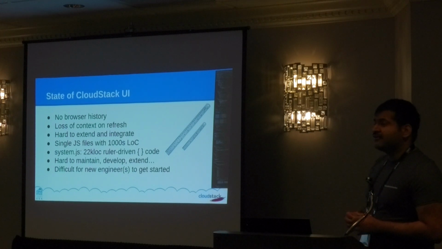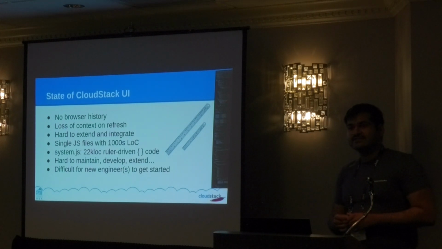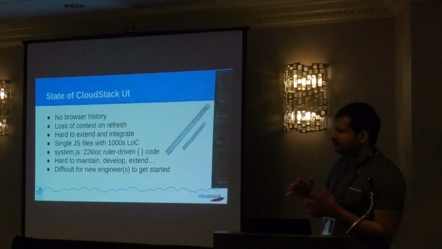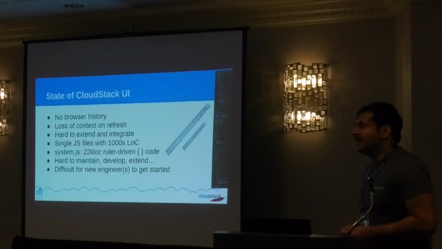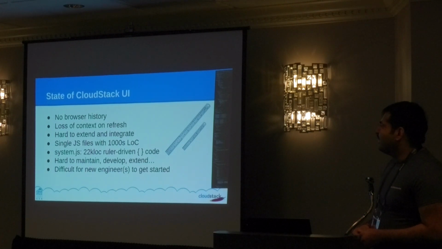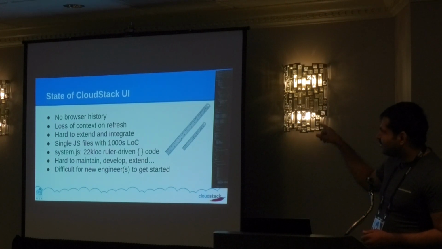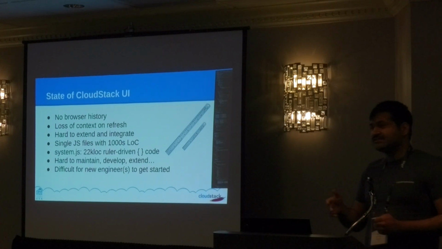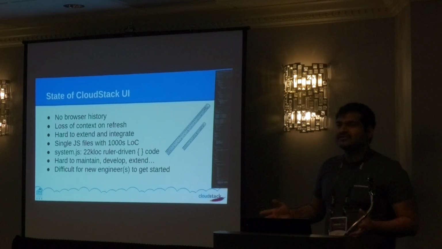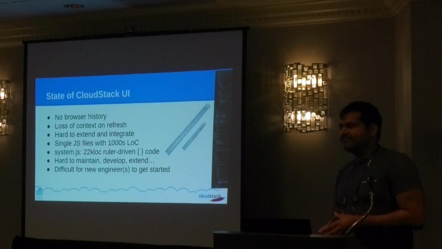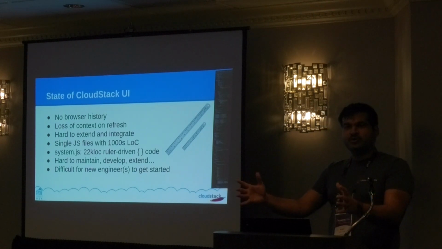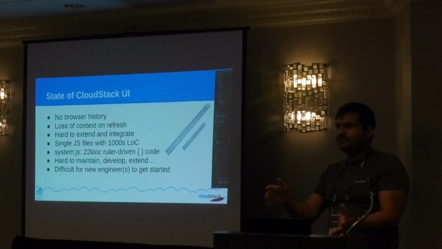There are single JavaScript files that are so large, like there's a file called system.js that's like 22,000 lines of code. So it's unmaintainable. Now I've specifically mentioned and written a ruler there. It's actually not a joke. I'll say the UI is largely ruler driven. For those of us who don't know the history, I've seen my colleagues in my previous organization use a standard monitor, tilt it from a landscape to a portrait view.